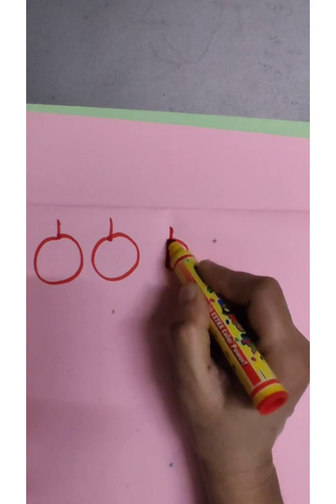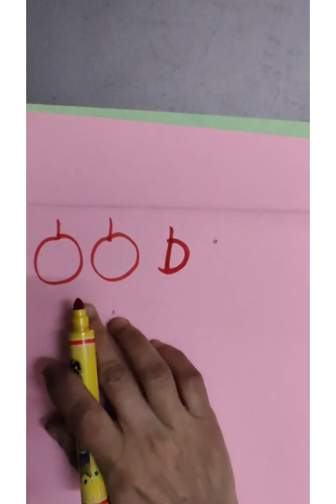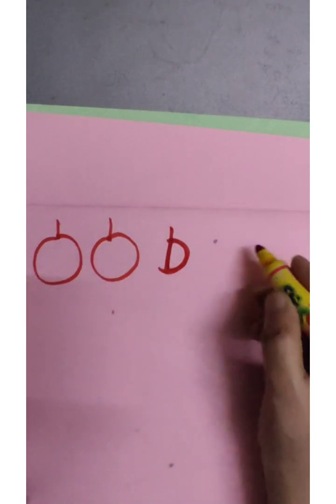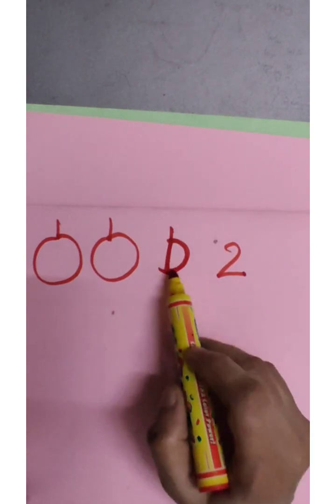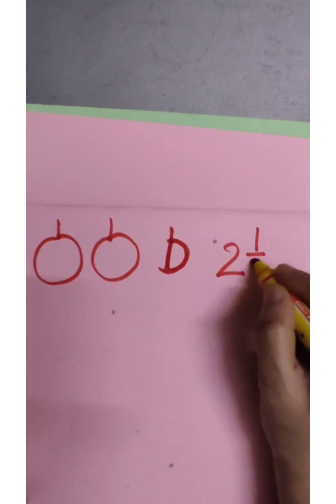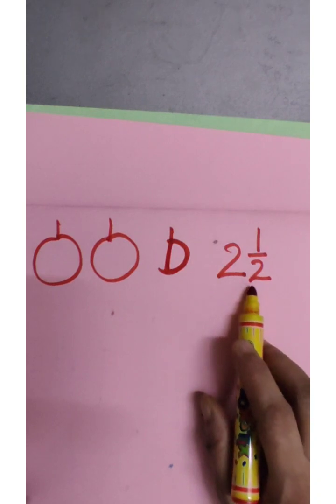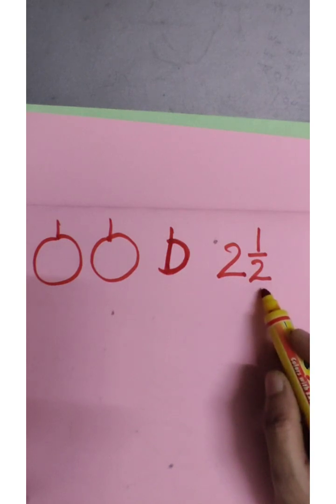So the fraction which is going to be formed by these figures, that is, I am having 2 apples, so I will write I have 2 apples and I also have half apple. So together I have 2.5 apples.